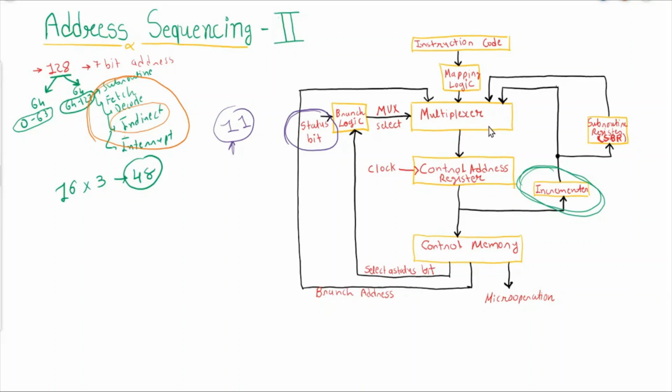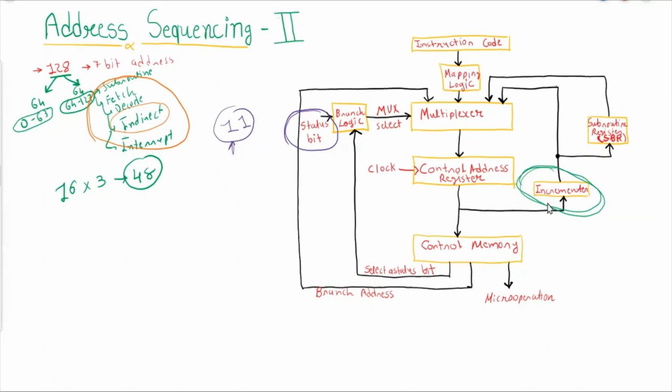Or we can directly provide the address from control memory, and that address will be directly selected. Then we have seen the mapping logic. Whenever an instruction starts, initially the mapping process will be done, meaning conversion of opcode into the address of control memory, and then it will be given as input to the multiplexer.